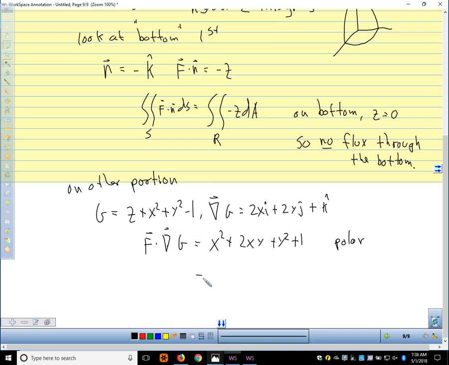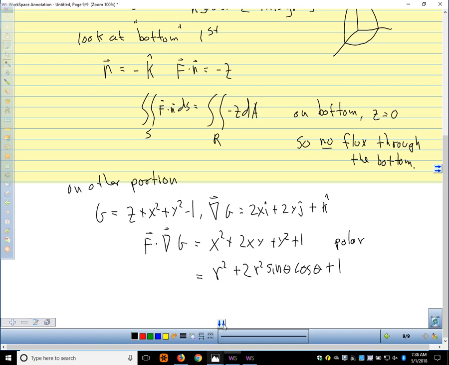So f dot del g is equal to, we have an x squared plus y squared, r squared, we have a 2xy, so we get 2 r squared sine theta cosine theta, and then we get a plus 1. So that's the quantity that we're going to integrate. And that turns out not too bad in polar coordinates, because you have that sine theta, cosine theta. That's going to be a nice, easy integral to evaluate.